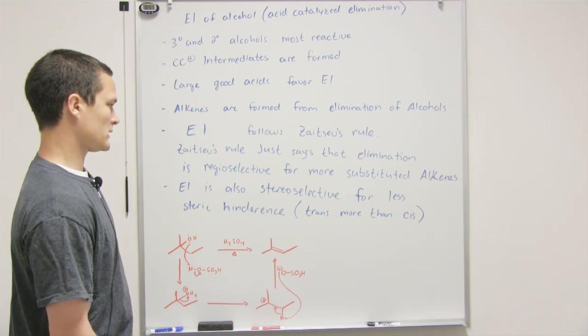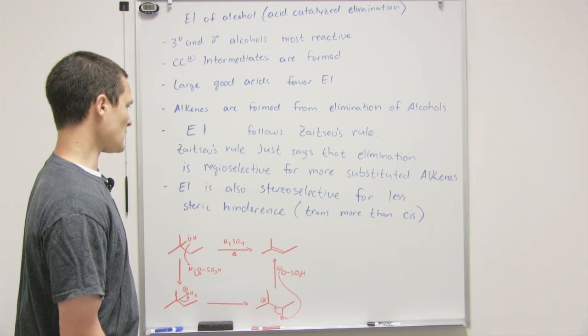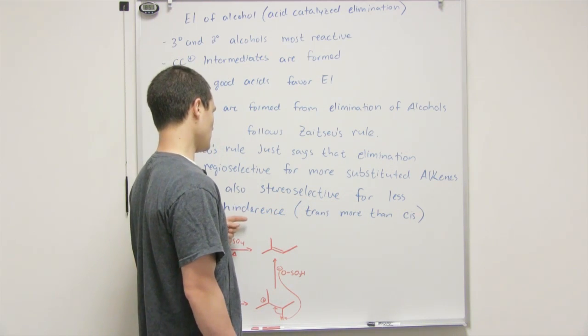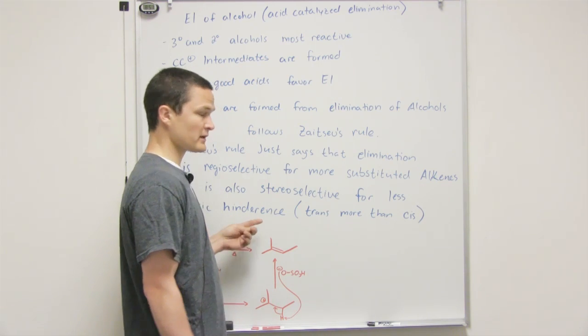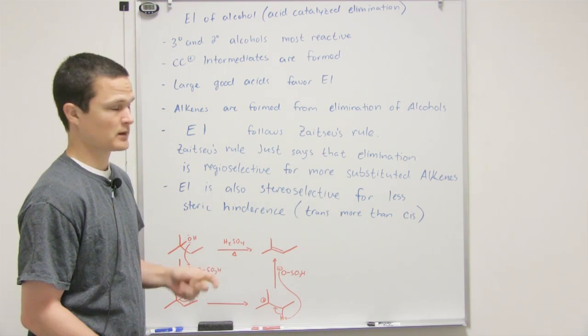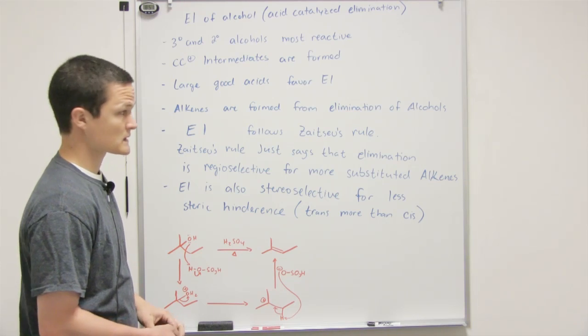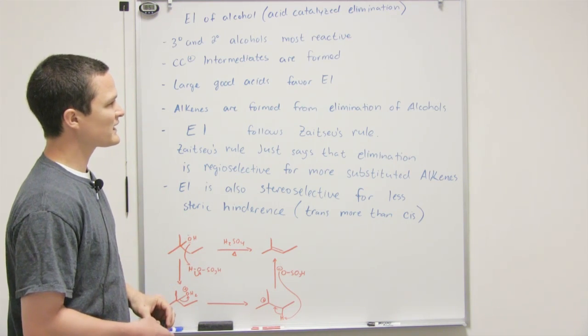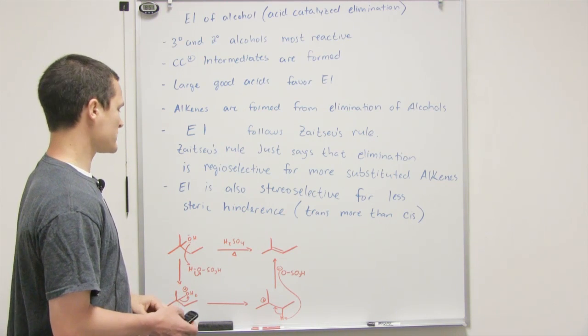That will help clear up some confusion. And once again, the less steric hindrance in the molecule, the more stable it is, or the less reactive it is. Those are pretty much the properties to think about when you're doing elimination.